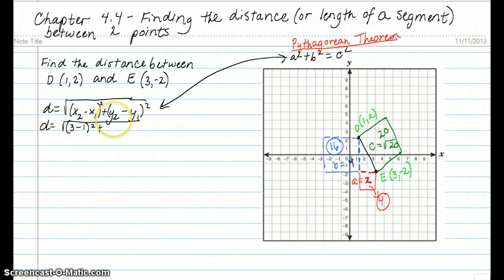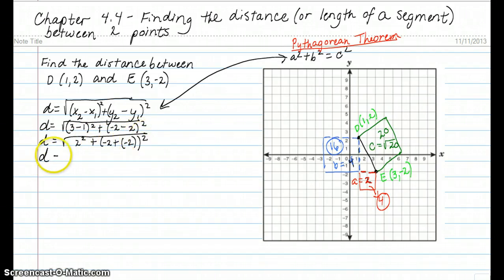And then plus, if you start with the 3 and go to the minus 1, then you have to go negative 2 minus 2, squared. So D equals the square root of 3 minus 1 is 2 squared, plus, let's do negative 2 plus negative 2 squared.